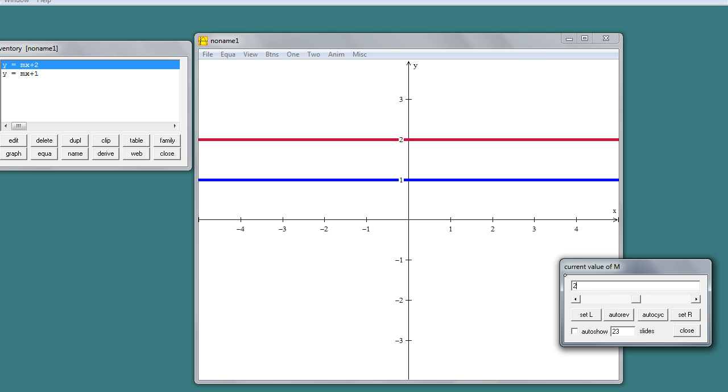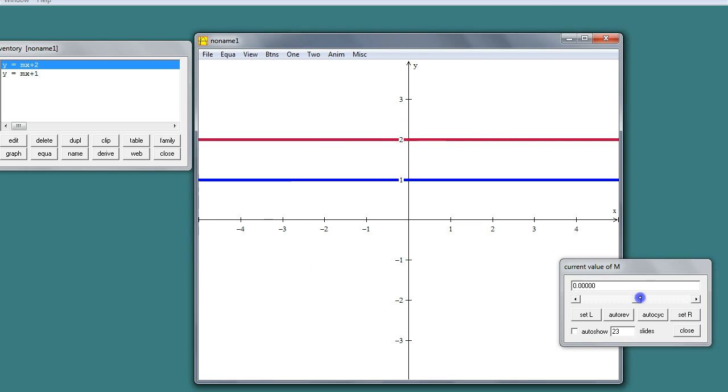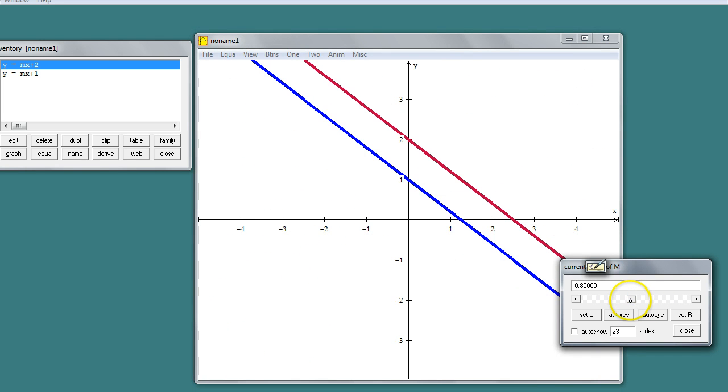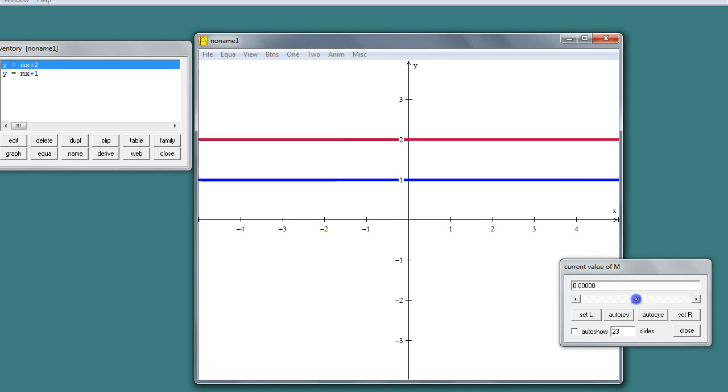What do you think is going to happen? They will both have the same slope of 2. And since they have the same slope, guess what? They're still parallel. I could move this around, and notice, because I have the same slope for both of these, they always remain parallel.